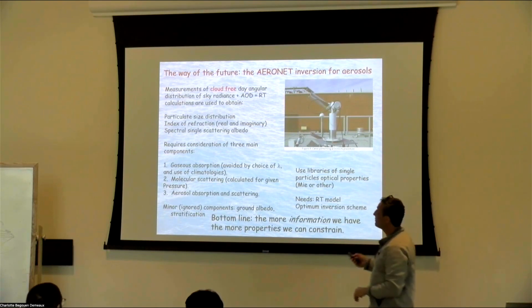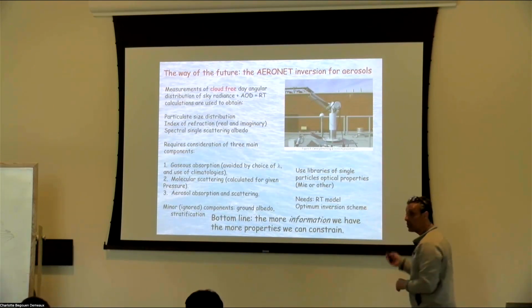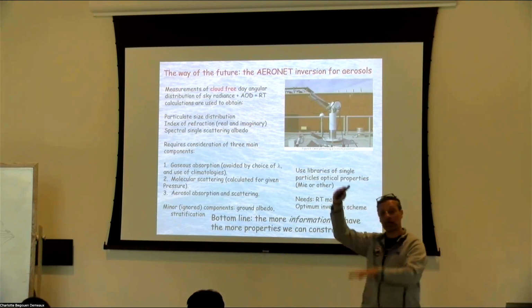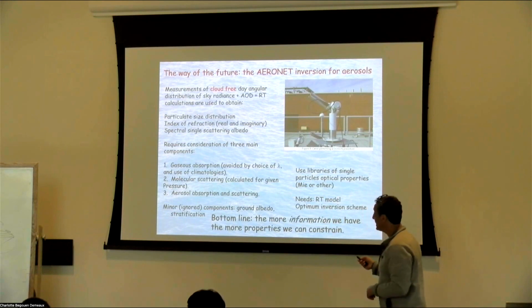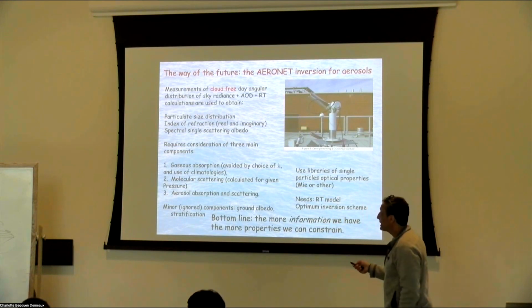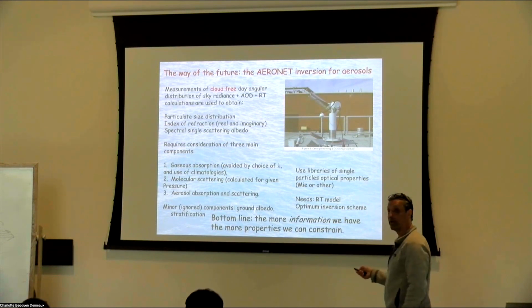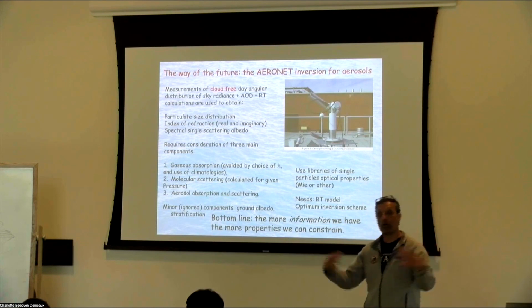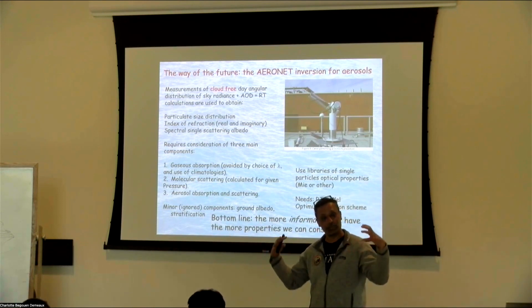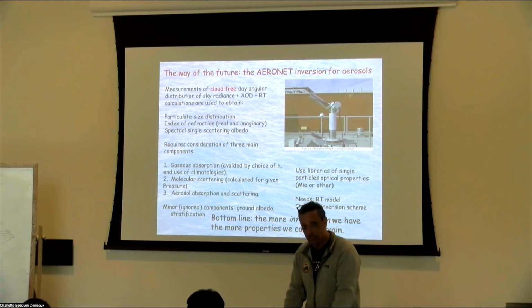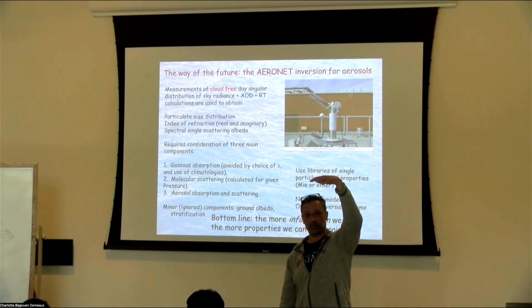They do a variety of measurements. And when they combine those with radiative transfer modeling of the atmosphere and satellite data at the same time, they're able to get information about gas absorption, molecular scattering calculated for a given pressure, and aerosol absorption and scattering. So by bringing more information from different kinds of measurements, they can constrain much better what kind of aerosol is in there.